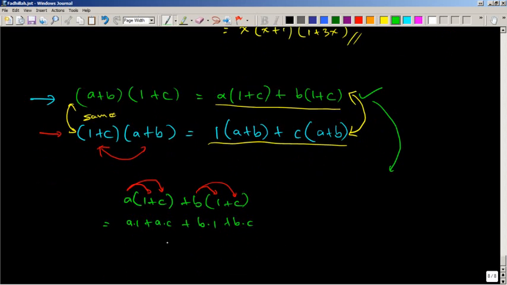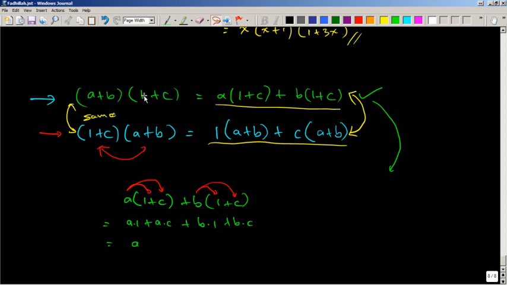Okay. Then A times 1 is what? A times 1 is A lah. Anything multiply with 1 becomes itself. Kalau B multiply with 1 pun become B. Betul tak? Still the same.